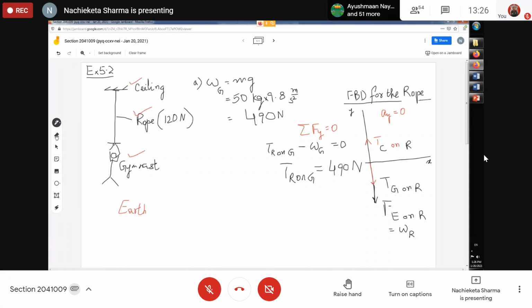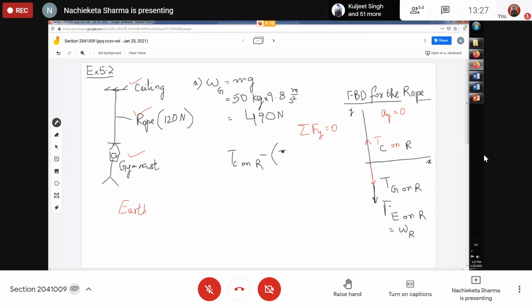So now you can write your equation that the sum of all F_y is equal to 0, and I will apply Newton's first law. I have already applied it, I will just use my symbols. On the positive y-axis I have T_C on R, and on the negative axis I have the sum of two quantities.